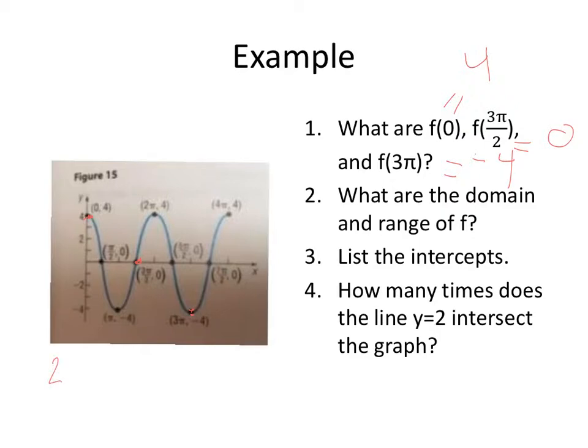Now for number 2, the domain and the range. If you notice, there are no arrows telling it's continuing, so this is the entire graph. It does not keep going on and on. So the domain would be all the x values from 0 to, I think the rightmost one is 4 pi.